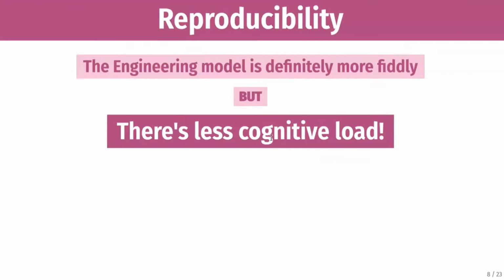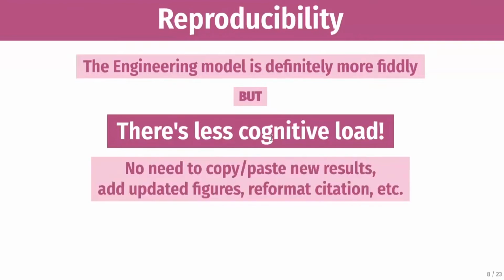You don't need to create a new scatter plot in Stata and then stare at your existing scatter plot and see if anything changed and make sure that it's the current version. You've probably done that before. You look for specific points to see if things have changed, and it's a mess. So the nice thing about this engineering model is you don't need to do any of that. If you have to switch all of your citations from APA to Chicago, you just change one line of code and it fixes itself.